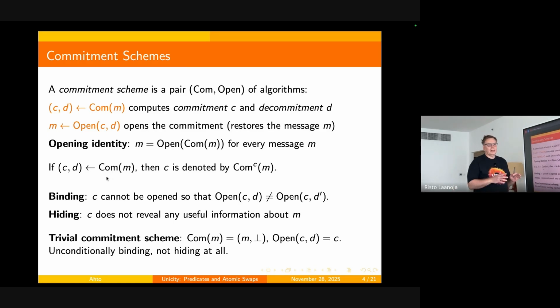So the commitment really commits to a particular message. And hiding: C, if you see only C, should not reveal useful information about M. Some commitment schemes are perfectly hiding. This means that C doesn't contain any information about M if you don't have the decommitment.